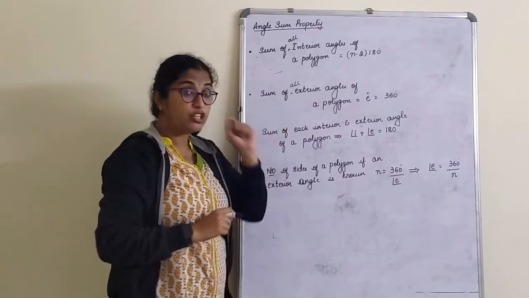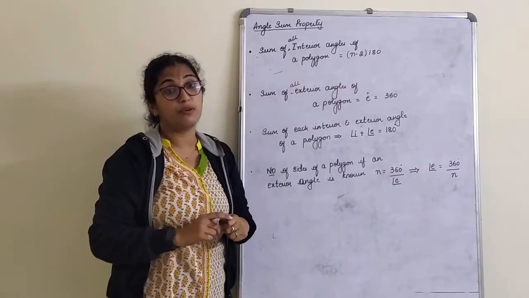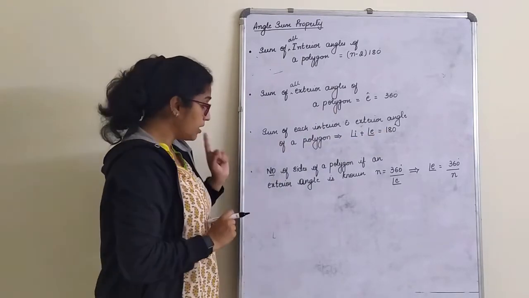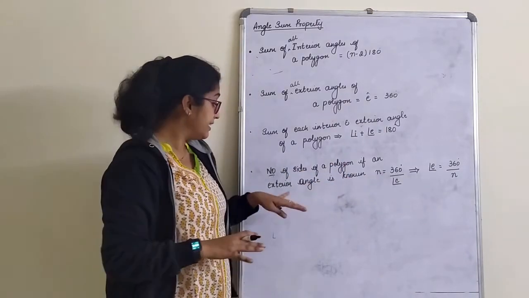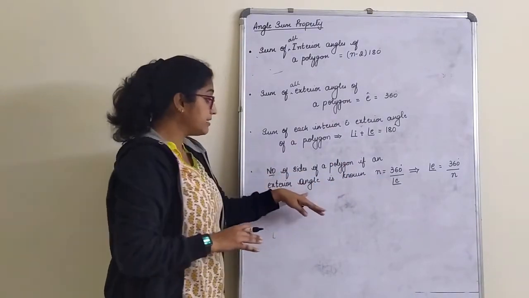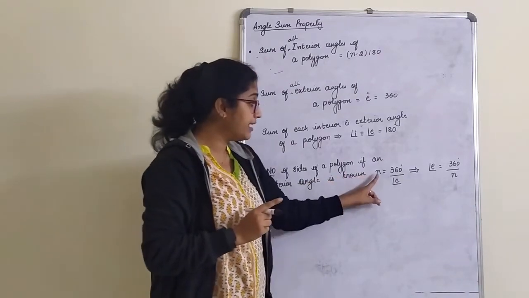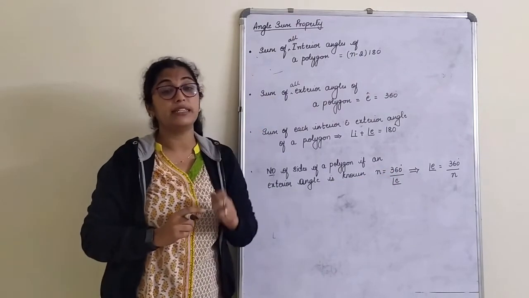If you add one interior angle and one exterior angle of a polygon, you get 180. The last one: to find the number of sides of a polygon if an exterior angle is given, you can find it by n is equal to 360 upon that given exterior angle.